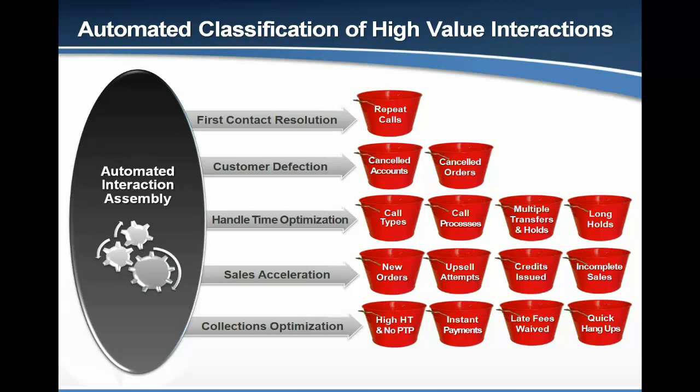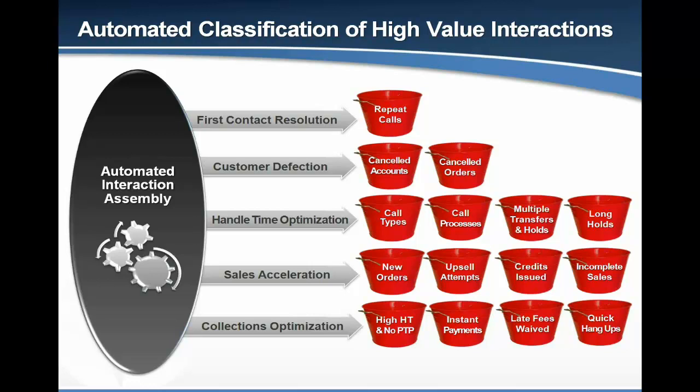But if you're not that confident, you can use desktop analytics to follow the agent through the applications, and if they go into a billing screen, if they go into an account address change screen, if they go into a certain type of screen, you can map those reasons to the interaction. And if that customer calls in within 30 days or 45 days for the same reason, whatever time period you define for that department, then it's going to know it's a repeat call. It's going to bucket it.